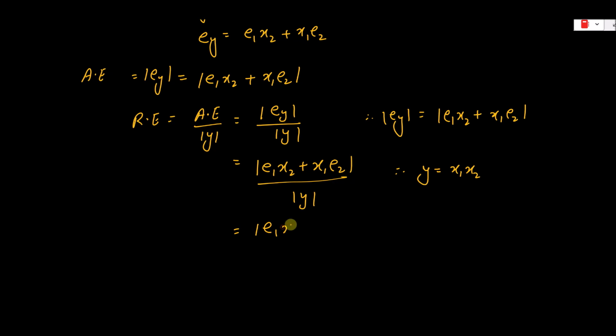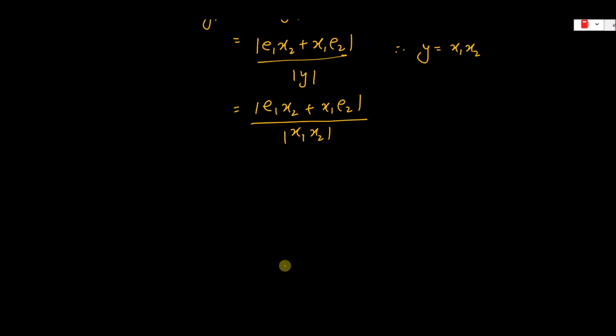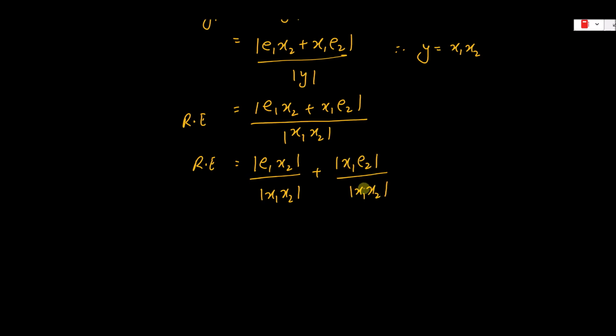So mod of e1 x2 plus x1 e2 divided by x1 x2. We are going to separate the denominator over both terms of the numerator. So it should be e1 x2 over x1 x2 plus x1 e2 over x1 x2.